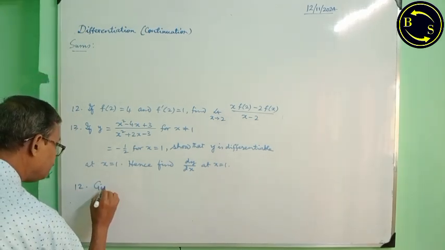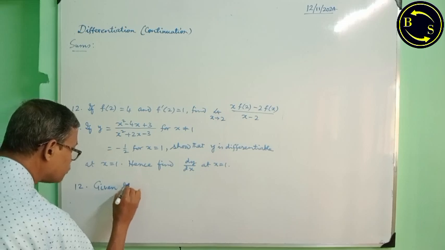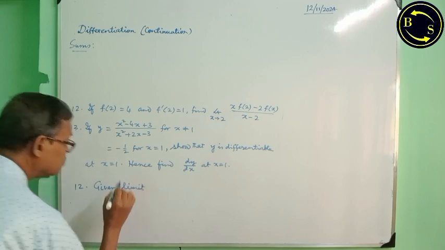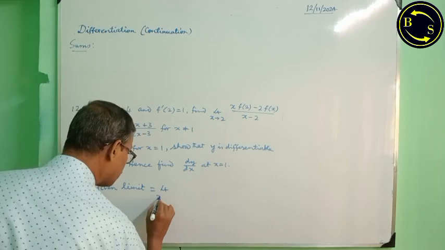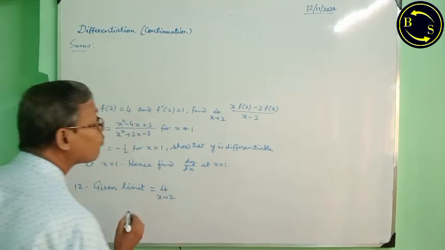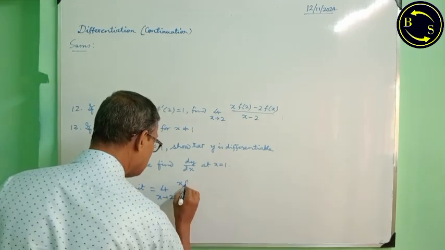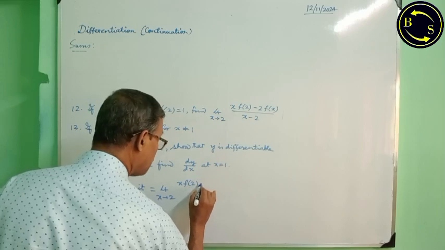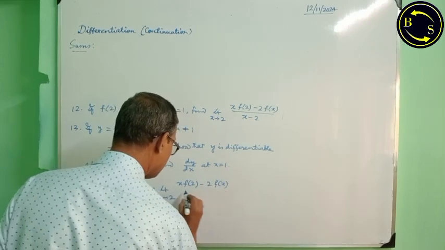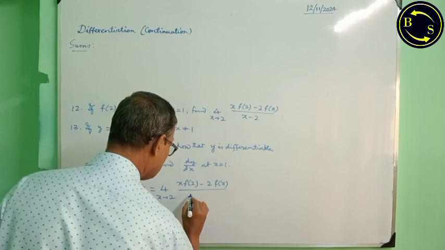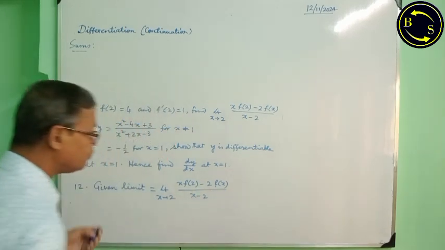Given limit is equal to limit x tends to 2 of x f(2) minus 2 f(x) by x minus 2.